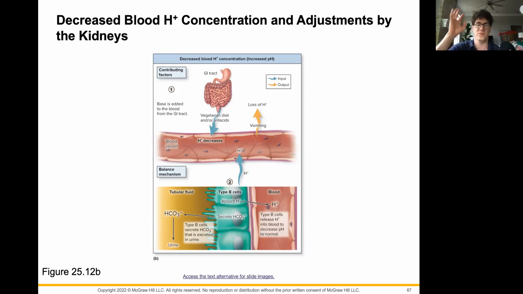Like, hey, let's see if we can raise the pH of the urine a little bit, or at least excrete some of that excess bicarbonate that we had in the blood, so that we can get rid of it, which means folks that have really vegetarian diets are going to typically have more alkaline urine.